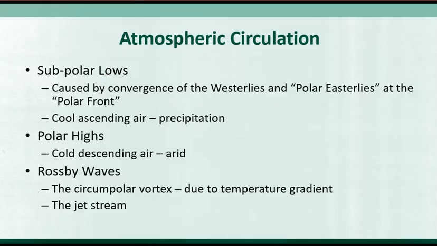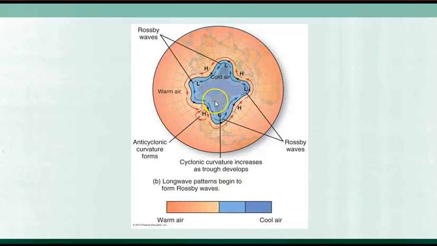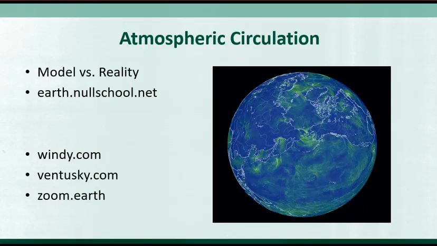And the lows are created underneath those Rossby waves in the circumpolar vortex. This diagram shows this in the northern hemisphere right here, where we have cold air in the polar areas, warm air in the subtropical areas, and at their boundary, we get the subpolar lows that move underneath this jet stream right here. We'll talk a little bit more about that when we talk about weather later.